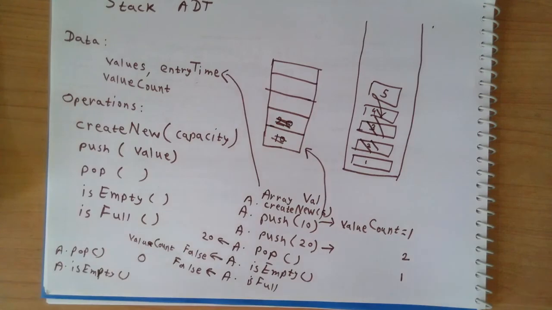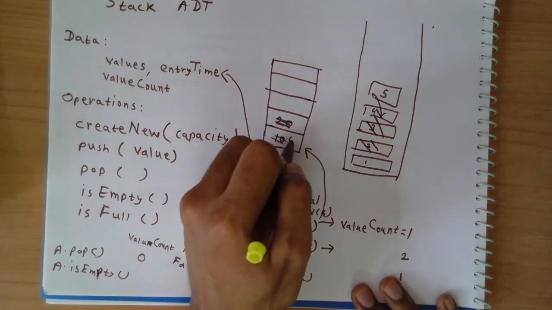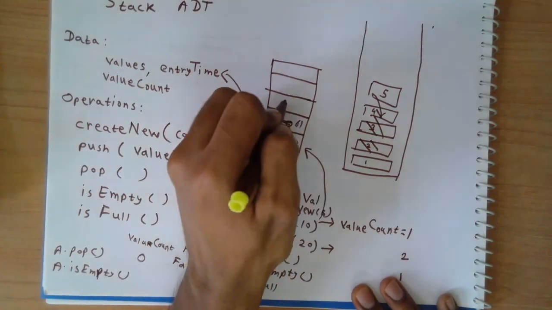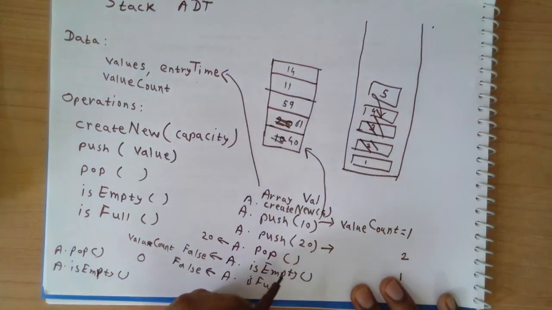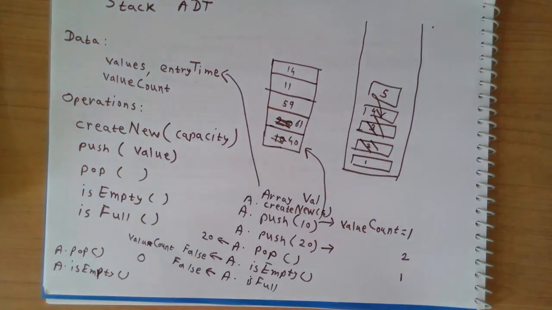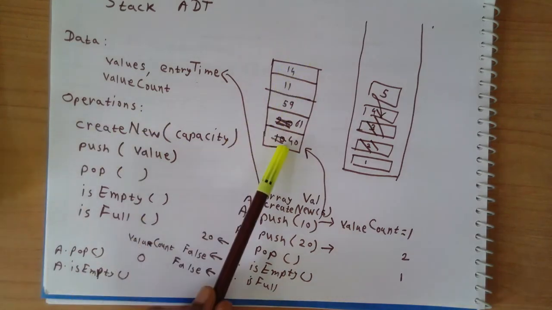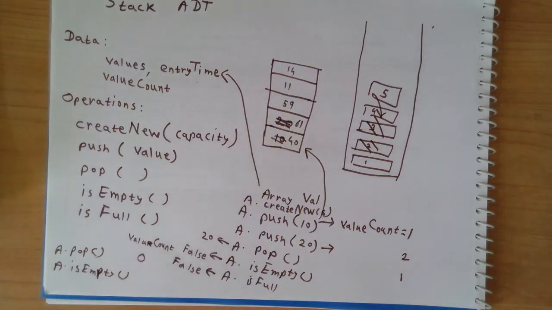similarly if I go on pushing 5 values, okay, so if I go on pushing say 40, 61, 59, 11, 14, okay, and after this if I ask the question, is my stack full, the value count will be 5 by this time, and it will result in stack being full.